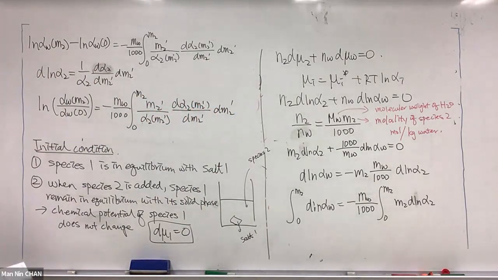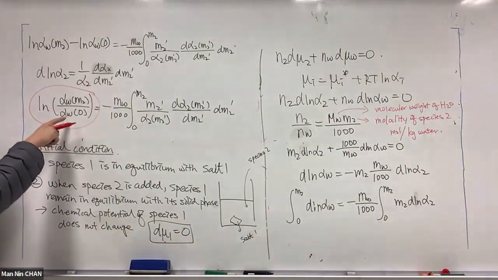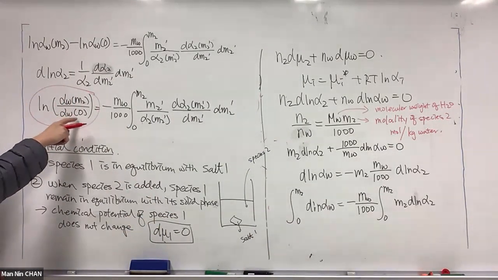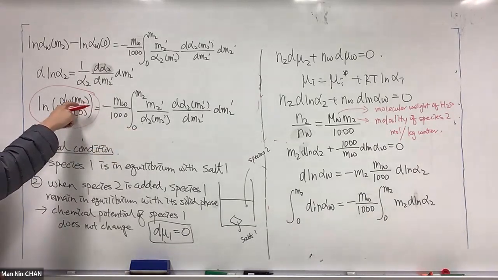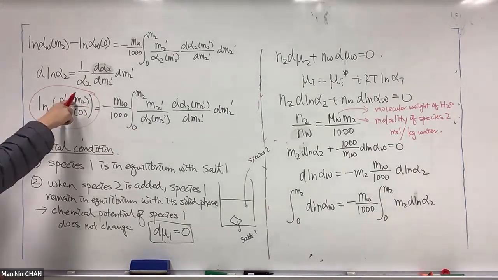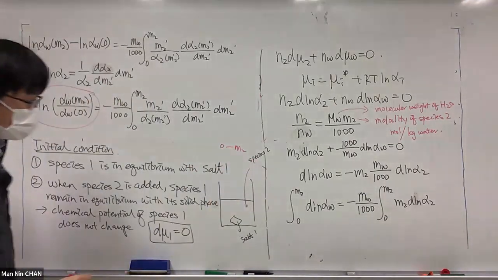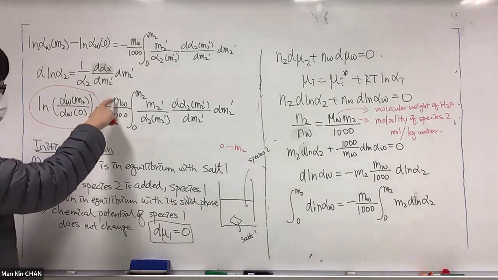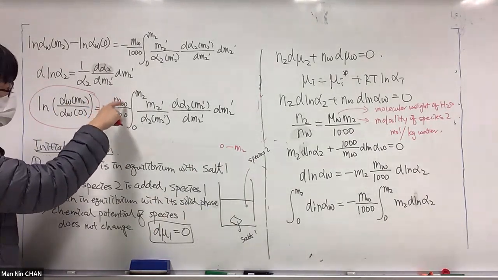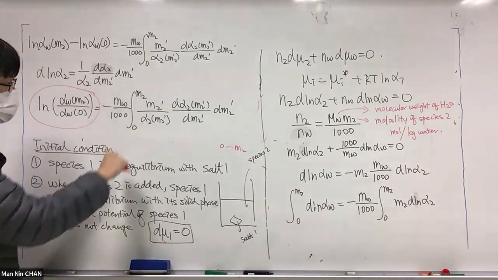This equation tells you, if you look at the left-hand side, how the water activity changes. At the beginning, you don't have any species 2, and then you add some species 2 to a certain concentration. M2 is the molarity of species 2, say from 0 to M2. And of course your water activity will change. In this case, this will be equal to minus, there's a minus sign here, the molecular weight of my water molecule divided by 1,000. This is how the concentration ranges.